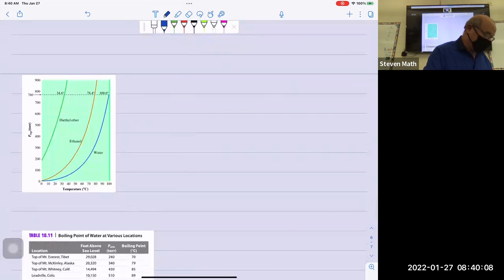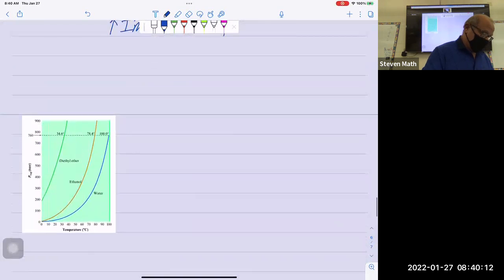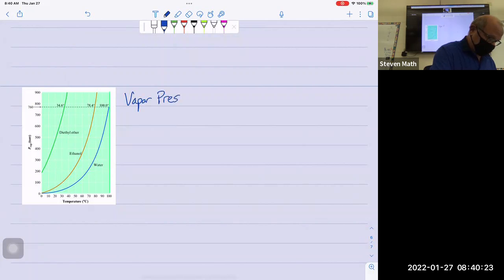Your book and every other book has this chart in it. Here's your vapor pressure chart, and here's how it's referred to. Notice we've got a nice line here at 760. So that's going to be normal boiling point. These are 3 different substances.